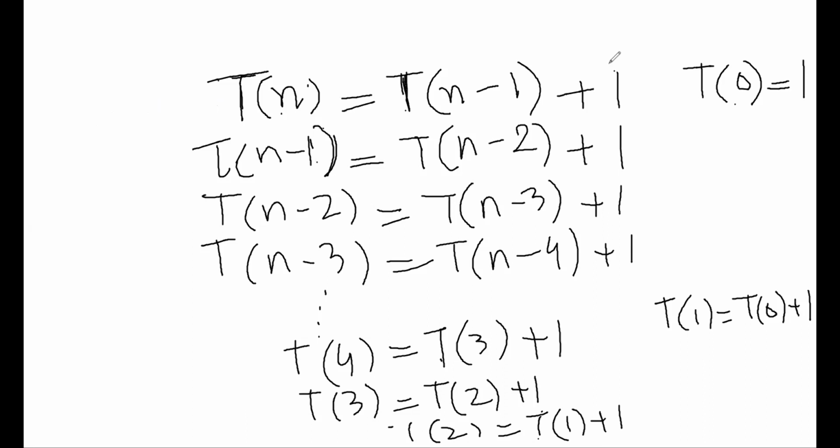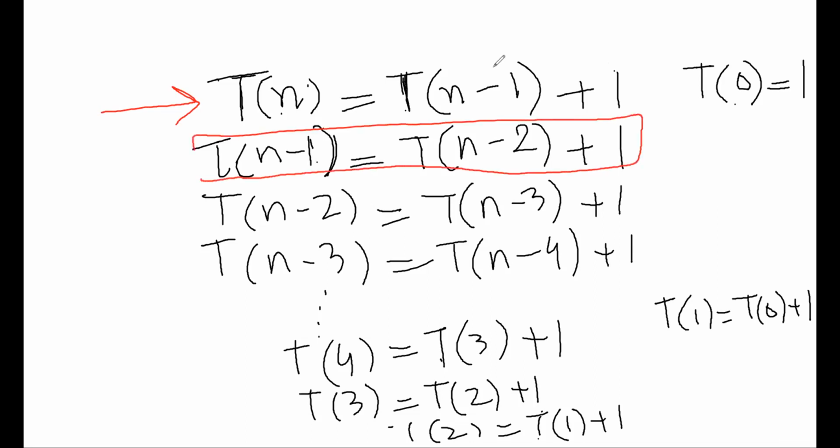If you see here, this was the time taken to solve the problem with input size n. And this input size n, in a way, if you pick this up, you can replace it here, right?